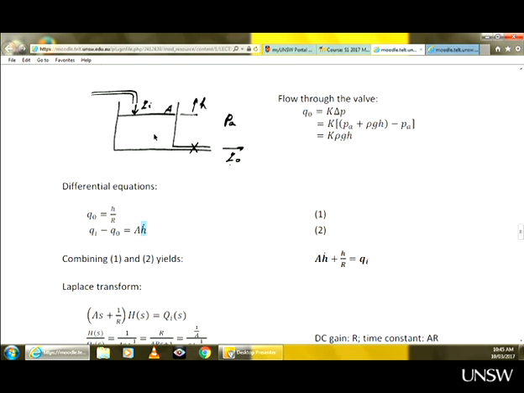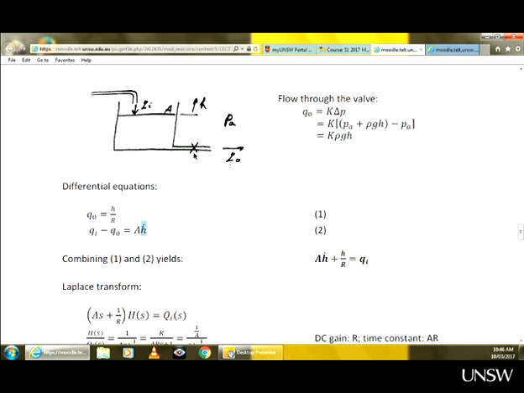So don't be confused. Output is not necessarily something that physically leaves the system. Output is the variable that you are interested in, the variable you want to control, the variable you want to observe, the variable that has a meaning to you. So if height is what you want to control, this is going to be your output. But someone else may be more interested in the rate of flow out of the tank.